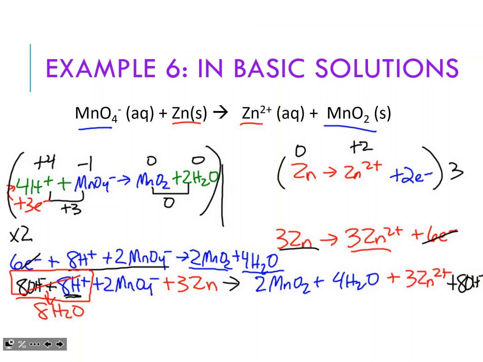So we turn our 8 hydroxides and 8 hydrogens, they merge together into 8 waters. We have a little bit more canceling to do because we can cancel down the waters. The 4 goes. Take away the 4 from the 8 and you're left with 4 waters on this side.